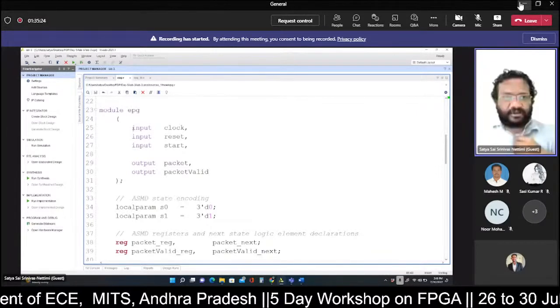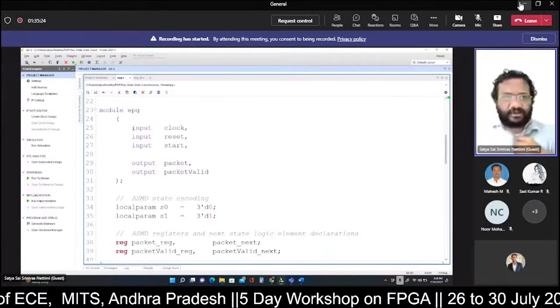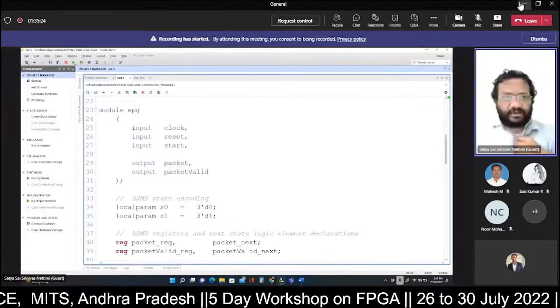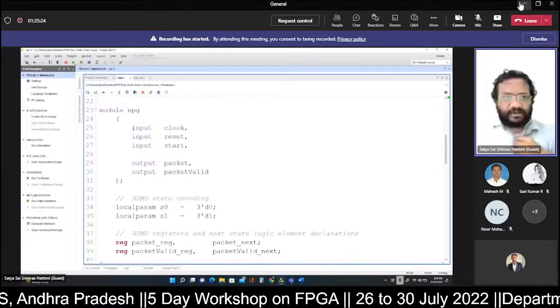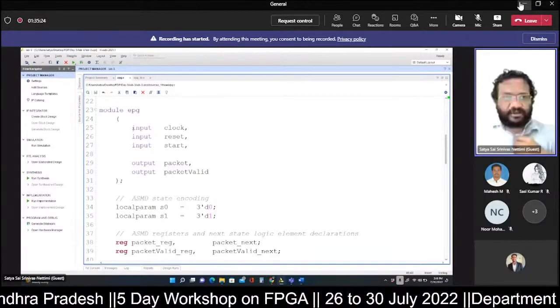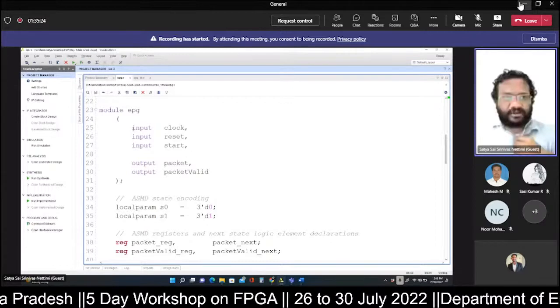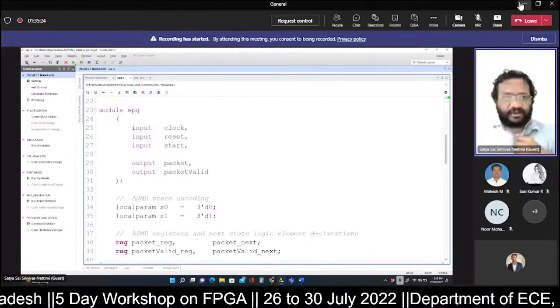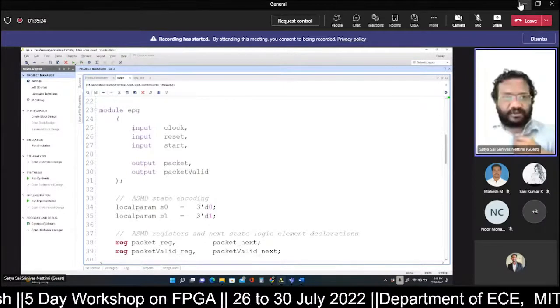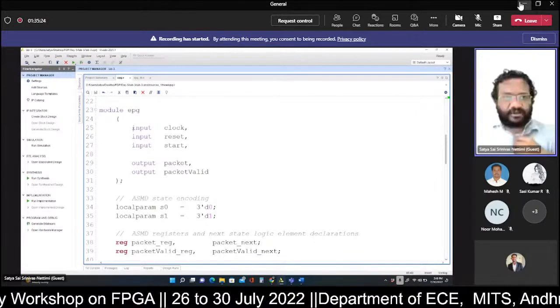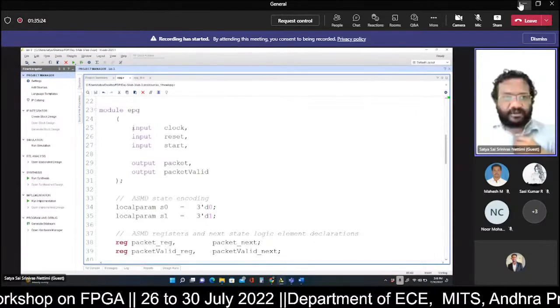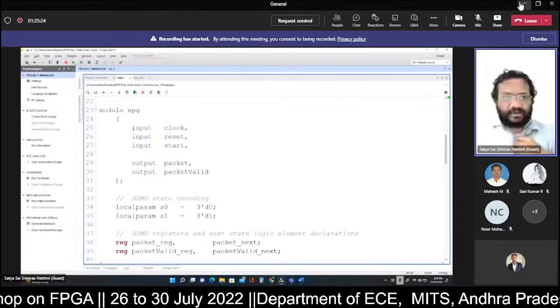I'm just giving the stimuli and removing the 0. So only this much for the test bench.